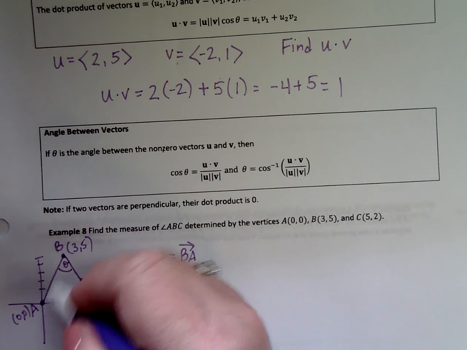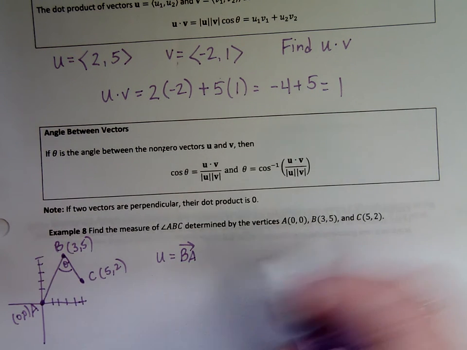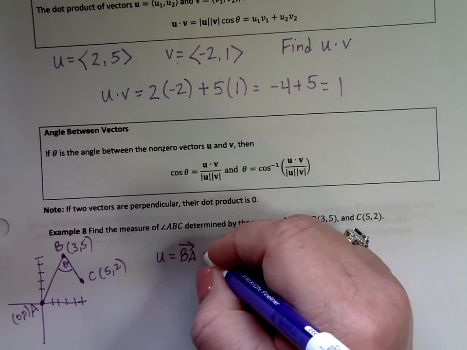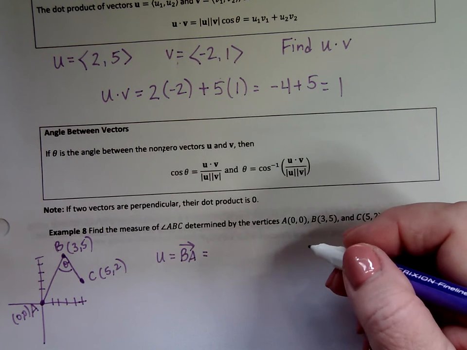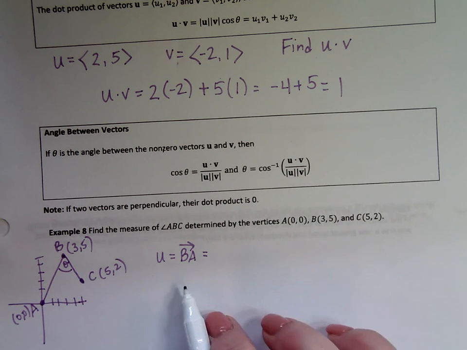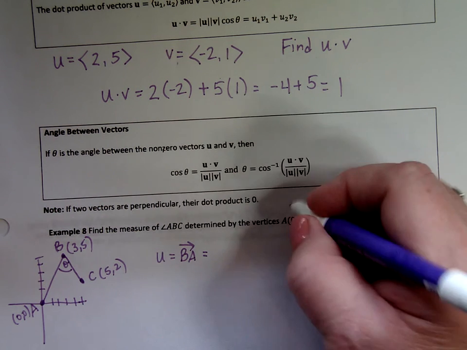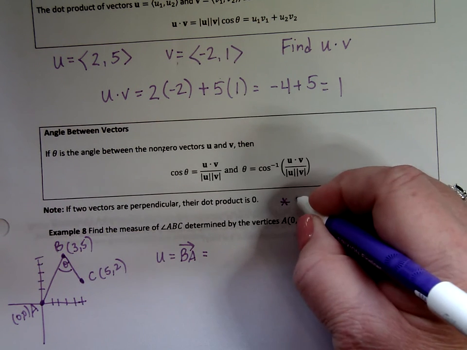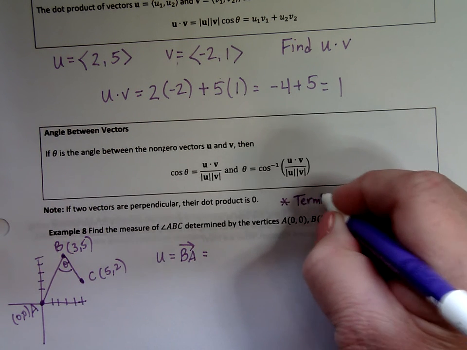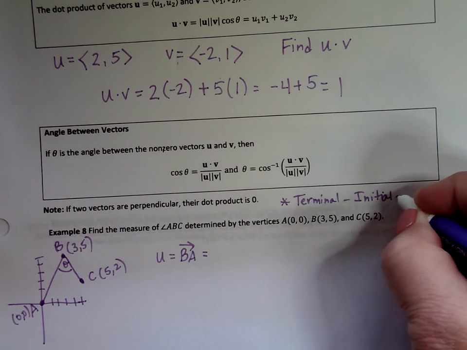So it's coming from the vertex and going through A. Remember, when I did this example, I did it totally backwards because I forgot that, as on the front page where we started, it's the terminal minus the initial.